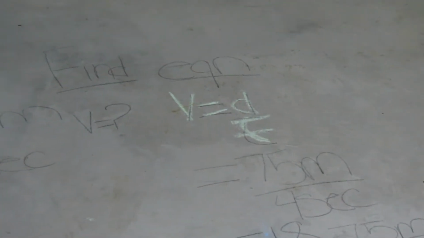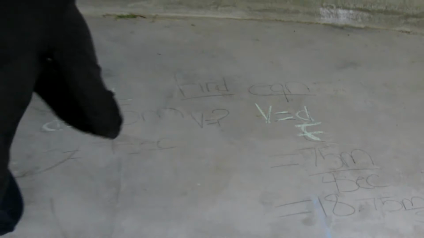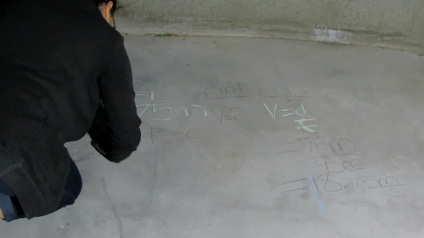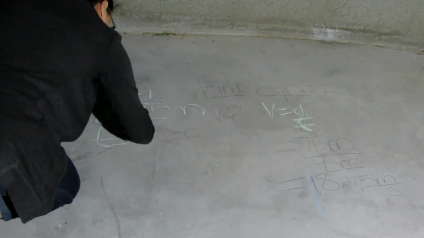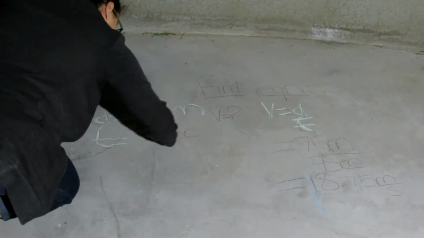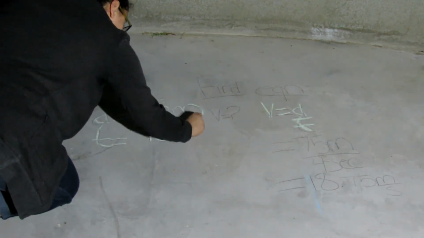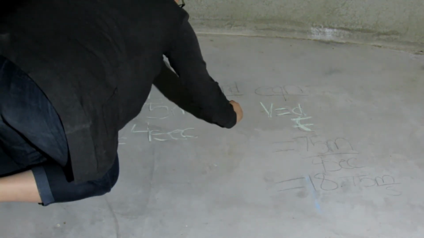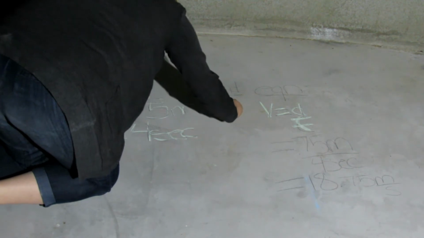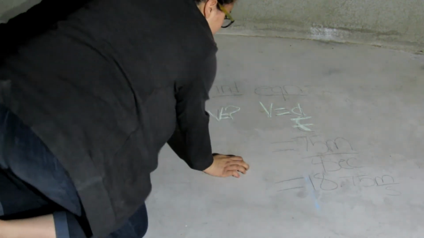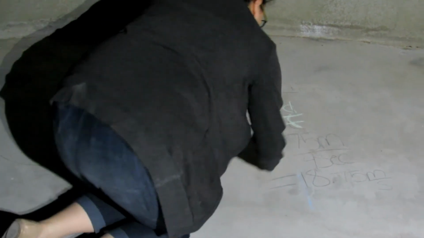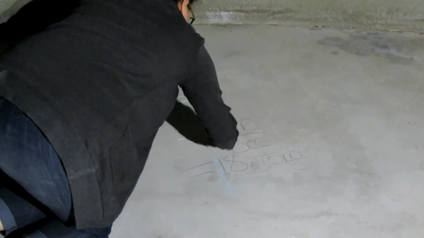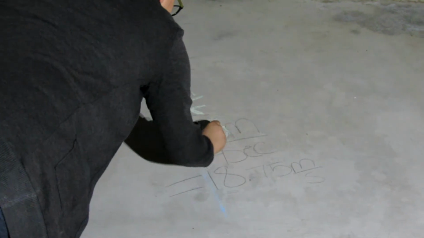In this situation, we are given 75 meters and the time is 4 seconds. And as I said earlier, we are looking for velocity. Okay, so we are going to go on to the problem solving, and you plug in 75 meters in the numerator.